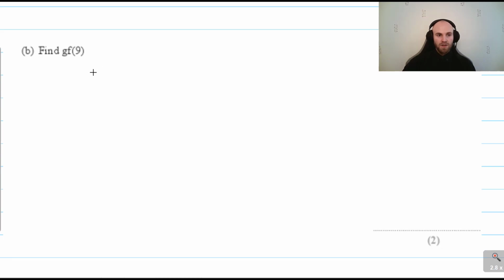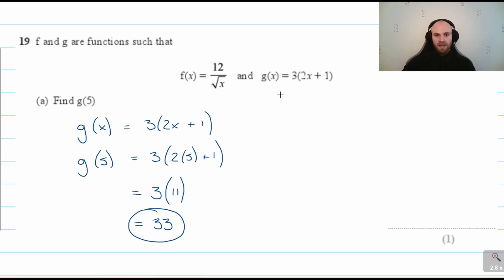Okay. So g is going to be the frame. So g is 3 times 2x plus 1. And f of x, this 12 divided by root x, is going to take the place of x here. It's just going to sub into this frame of g.